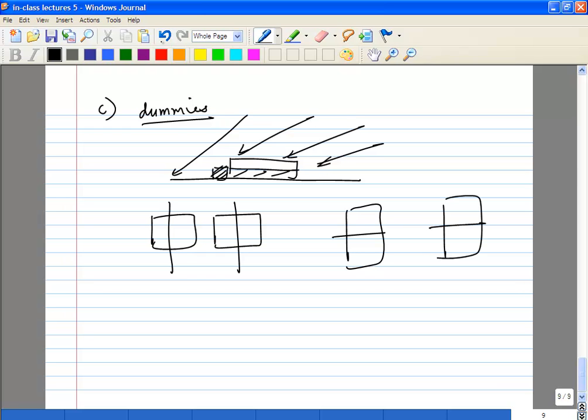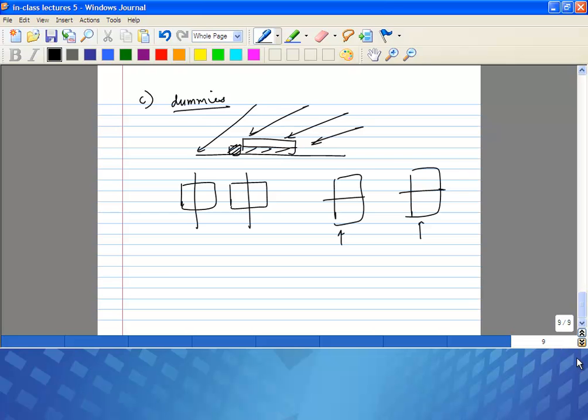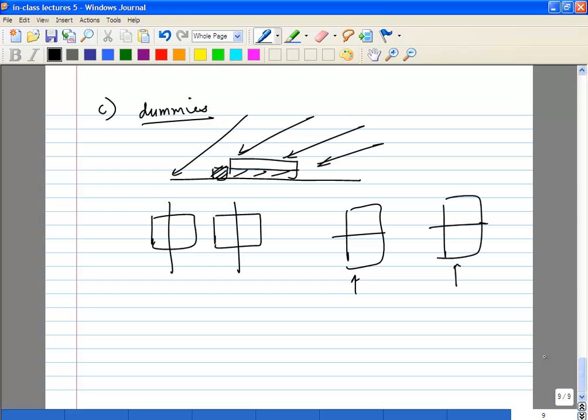I have shown it rotated, but you understand what I mean. So obviously the shadowing is not going to affect the other transistor. They are horizontally placed, so the diffusion is going to come from this side.